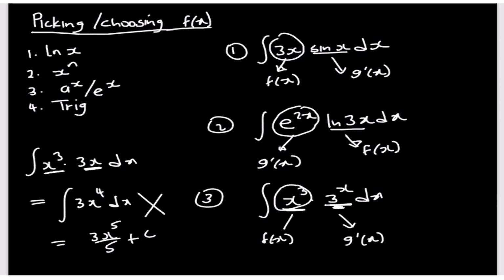So now, before we do questions, I want to clarify a few things quick. Guys, let's say I have this question and this question. Let's say this question is, for example, 3x and e exponent 2x dx.